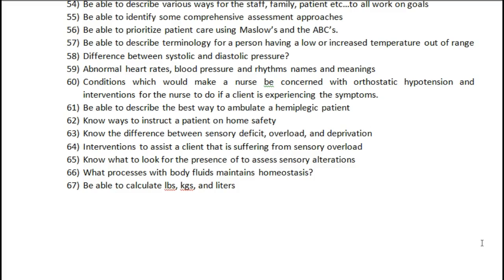And then if they've got sensory deficits, those type of things, or when they have low vision or blindness, they usually come from some type of disability. And a person with sensory overload is where it's just too much stimuli going on.